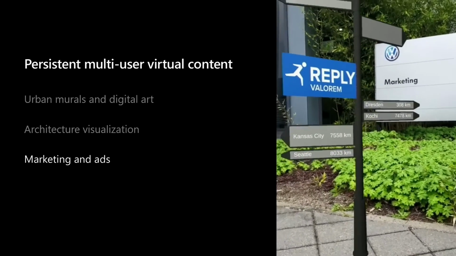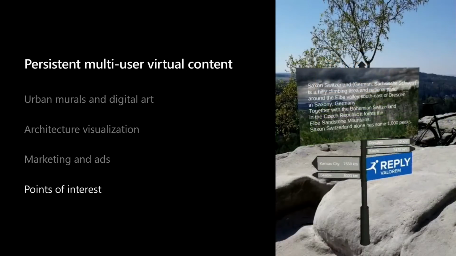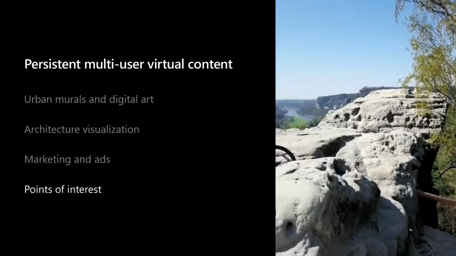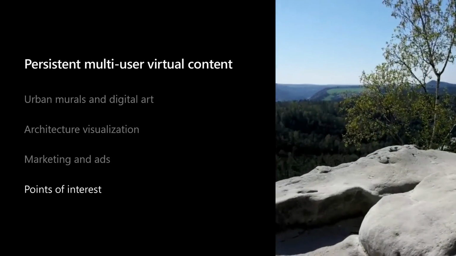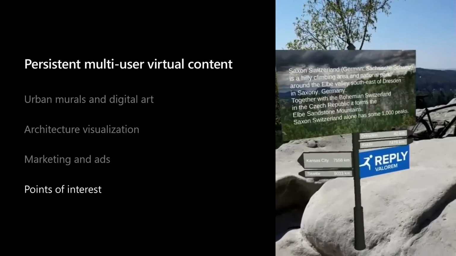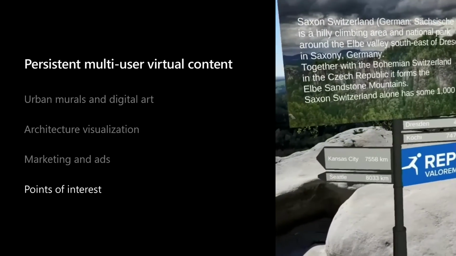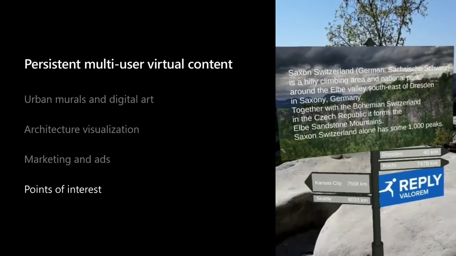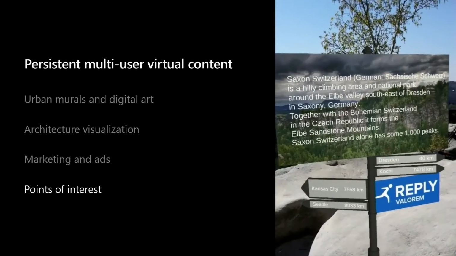Points of interest. So here's a video. Took my road bike, went out to the place I live. We have some beautiful rocks there, and went up the hill, and then dropped a spatial anchor there with a point of interest information, so it tells you about this beautiful region. Just text in this case, right? But think about tourist agencies. They cannot just set up text there. They could have really nice, engaging experiences.